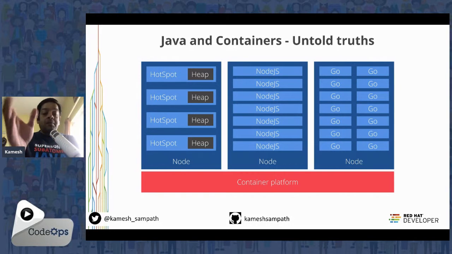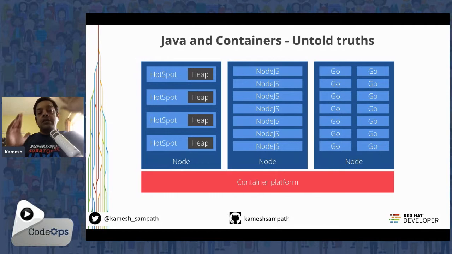The node below is just a compute node. And then I have a Node.js application deployed. I have a Go application deployed. And if you see them, they are small and tiny. They boot faster. Because of that, within a particular compute node I was able to accommodate a larger set of applications, more and more applications, which means that I can have quick scalability and I need the application to be scaled.